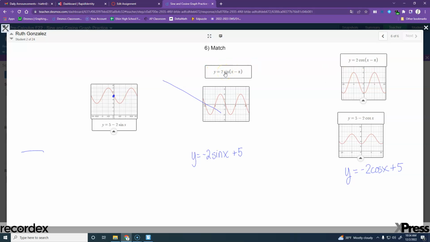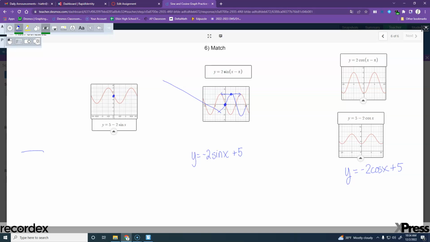Sine should begin at the midline and then go up and then down like this, right? So if I want this to be sine, I would have to shift it either to the right or the left. How far?